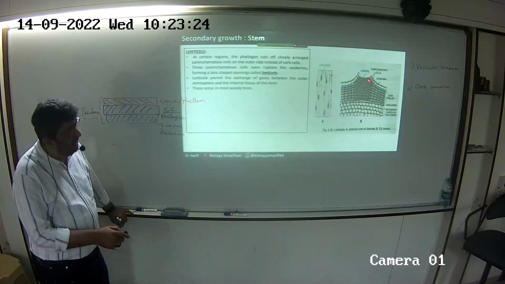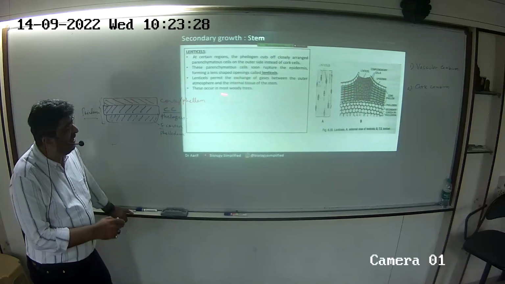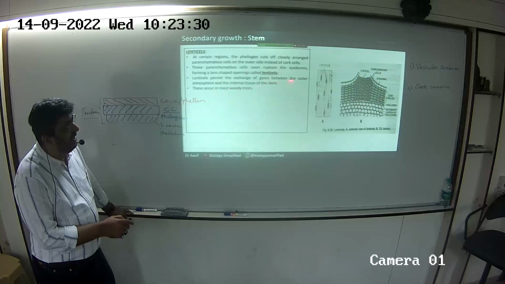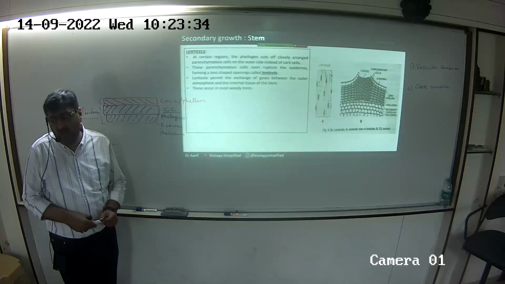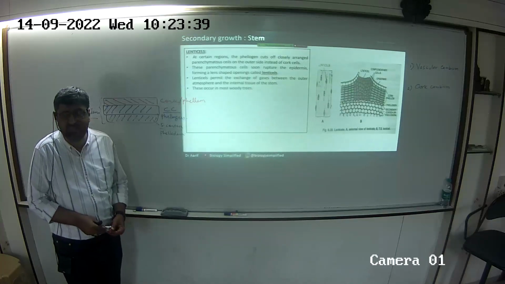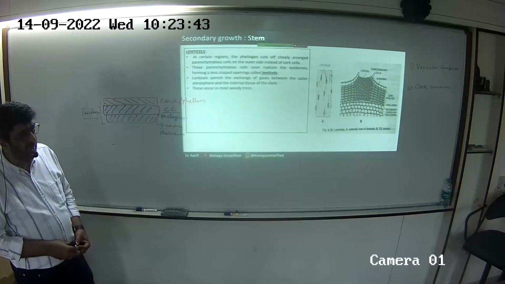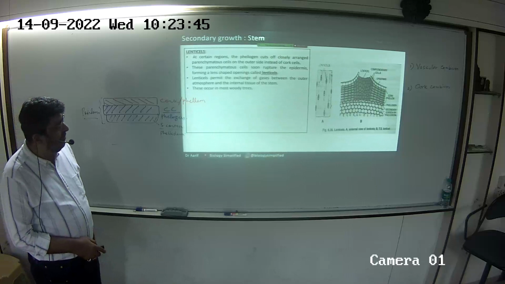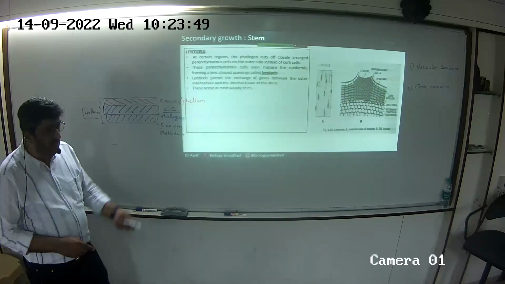And that bursting area, that opening is nothing but lenticel. जहाँ से you will have exchange of gases, transpiration. Right now, school में you studied in lenticular transpiration भी होता है. So exchange of gases can occur from there. You can have transpiration also occurring from the lenticel. Right? So that is how lenticels are formed. Yes, sir.